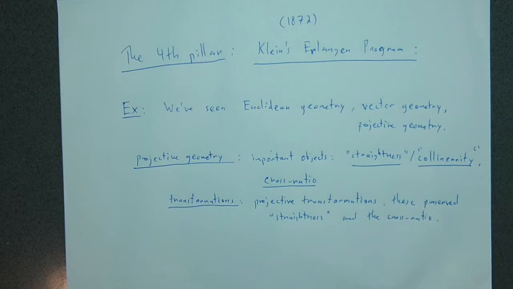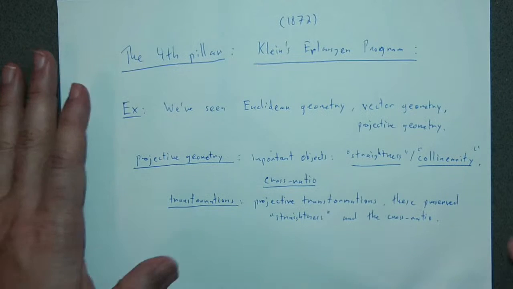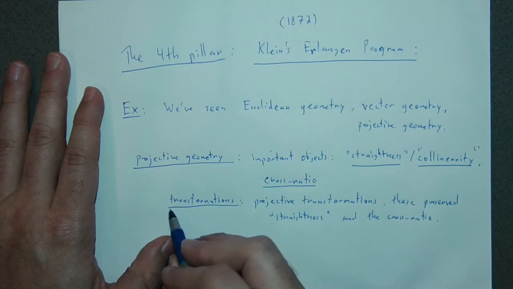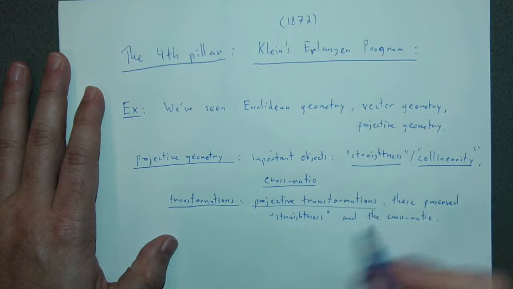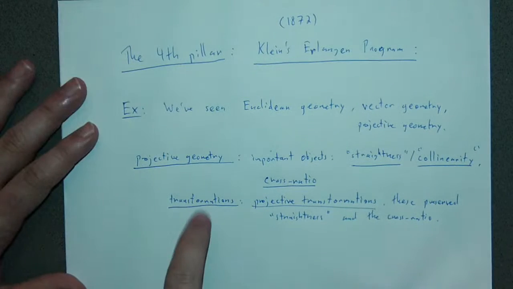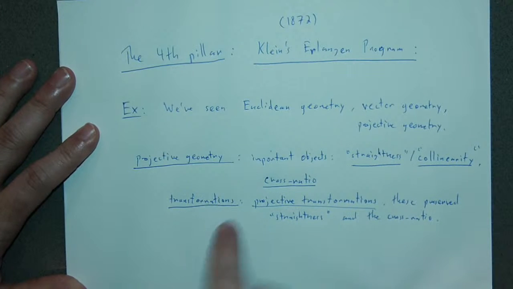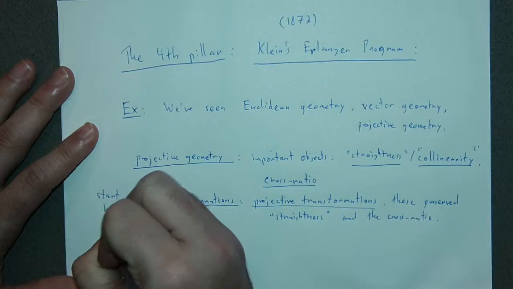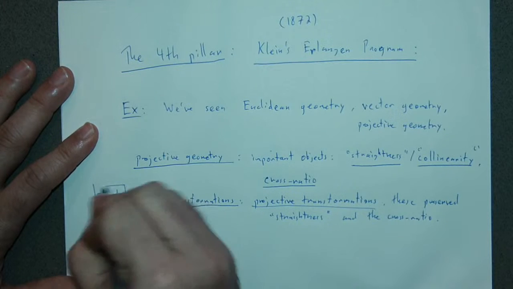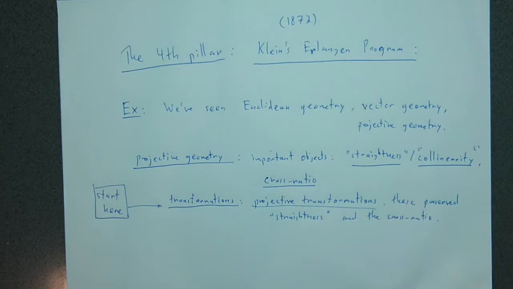Okay. So then what is the Klein way of looking at geometry? The Klein way of looking at geometry is that we have transformations. We're calling them projective transformations. Whatever, the point is we start with the transformation. So start here. So we start with our transformations. This is similar to what we did when we were doing RP1, right?